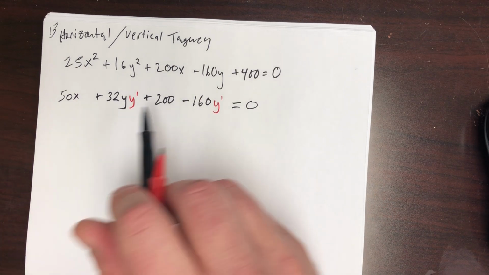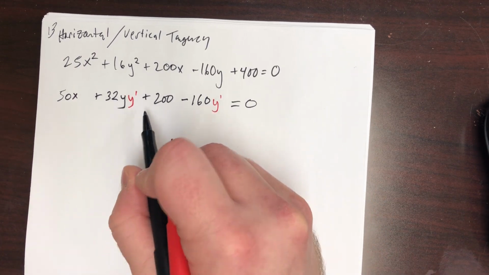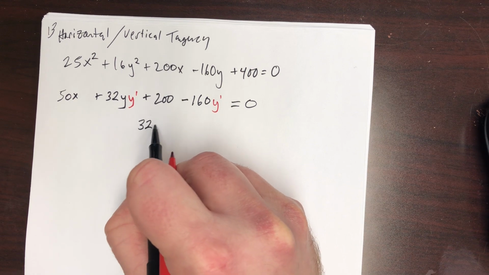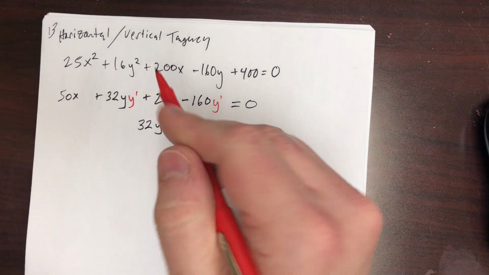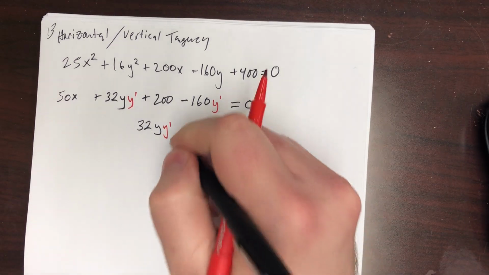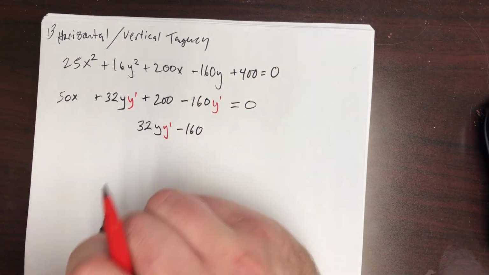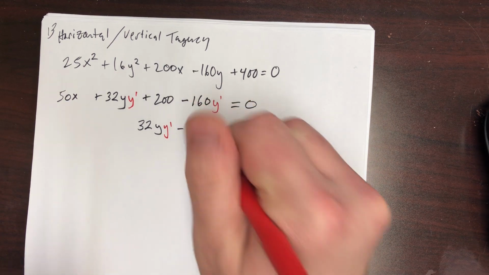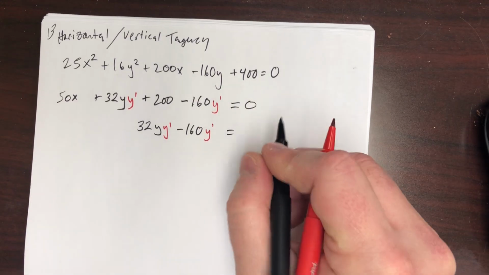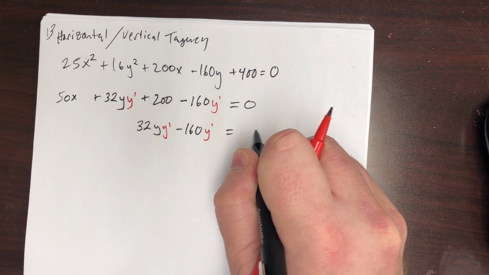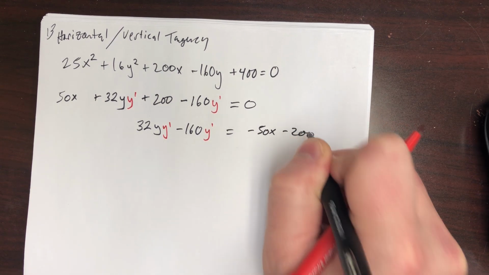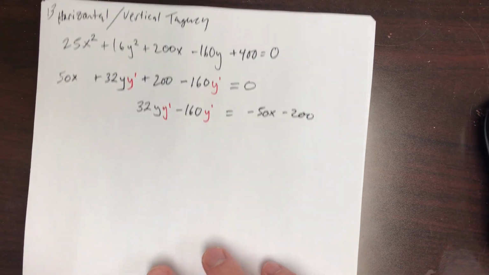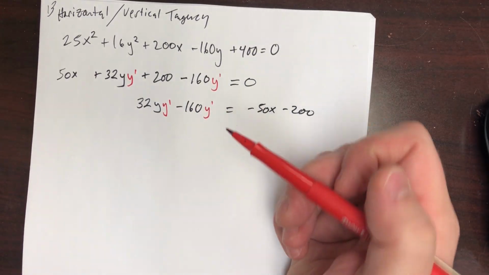I'll subtract the 50x and the 200 from both sides, so we get negative 50x minus 200. I like to jump this next step.